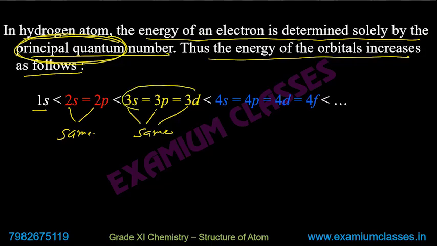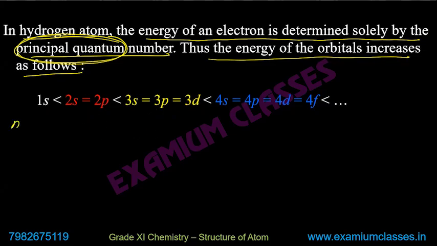So you will keep all these equal. The value of n is 1 here, 2 here, 3 here, 4 here. So the increasing order of energy will be like this for the hydrogen atom only. You need to remember this. This is a common mistake when this question appears. You forget that for the hydrogen atom, the Aufbau principle does not apply.